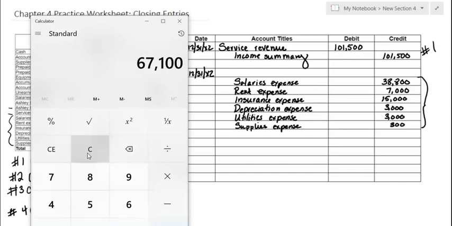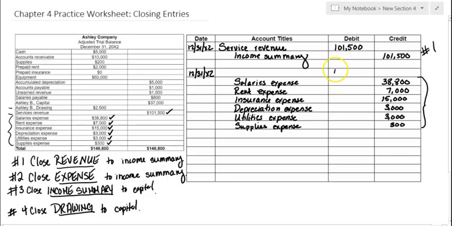So the total of all of our credits equals 67,100. So that is going to be our debit plug. And as we see down here, we are plugging that to income summary. All right, that's entry number 2. Just so you can have that for your notes.